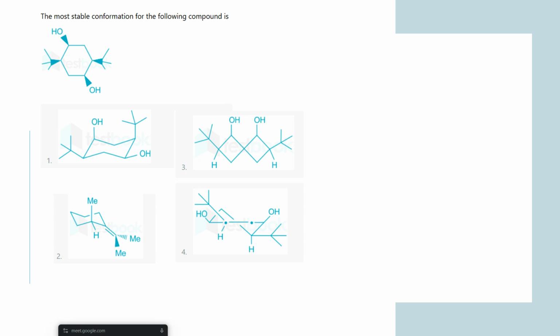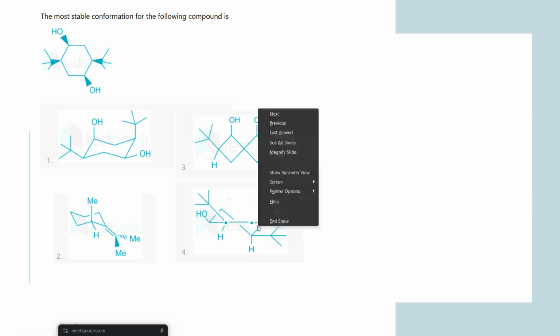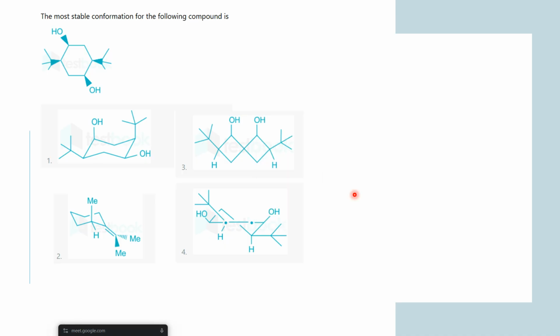Two chair conformations, one twist boat and one half chair conformation are given. Hence, let us identify the more stable conformation given for the molecule.